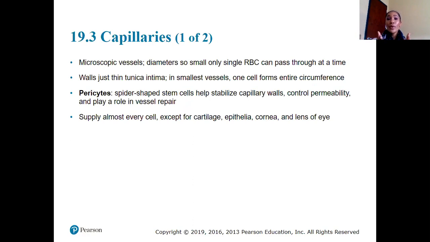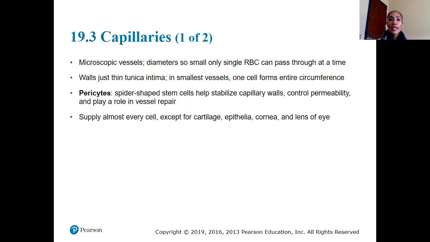But then when we go into the capillaries, everybody now has to enter one by one because the door is so narrow that we can't stand side by side. So that is equivalent to how blood is going to flow through capillaries. The walls are just a thin layer of the tunica intima, excuse me. So we only have endothelial cells that will then be surrounded by a basement membrane.